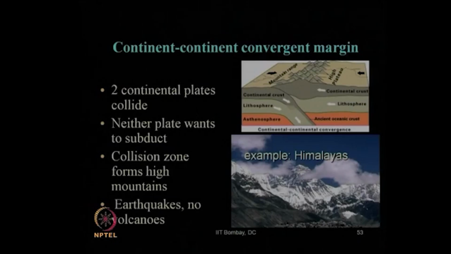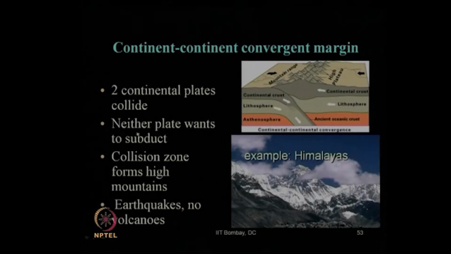Whereas, another type of convergent plate movement is continent to continent convergent movement. So, when two continental plates collide with respect to each other, then we say continent to continent convergent movement, like two continental crusts hitting each other or moving towards each other or converging.